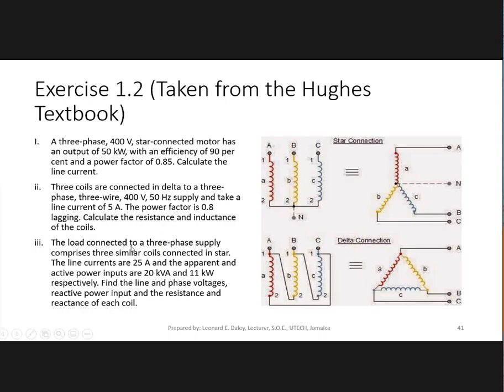All right. What about number 3? They were to find line and phase voltage, reactive power, resistance, and reactance. All right. What was your line voltage? 461.88. Okay.